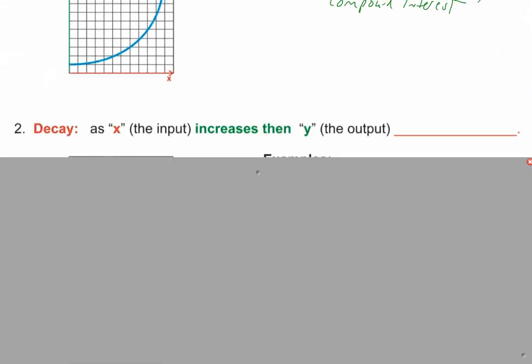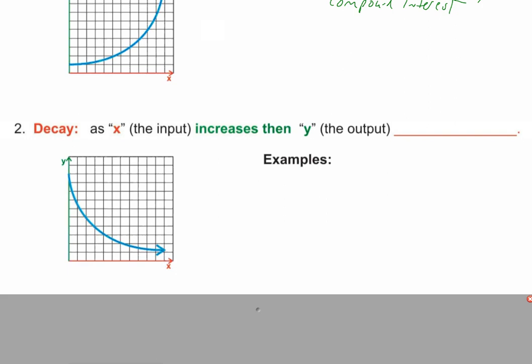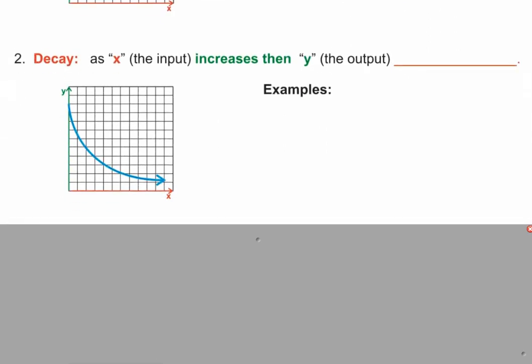Again, we talked about some of these aspects on Friday. So exponential decay is just the output decreases as you increase the input. Again, as you move left to right, moving left to right increases the input. What happens? The output goes down.